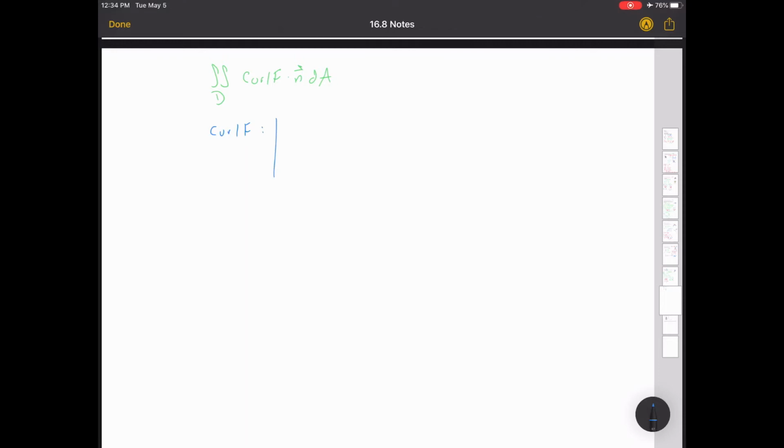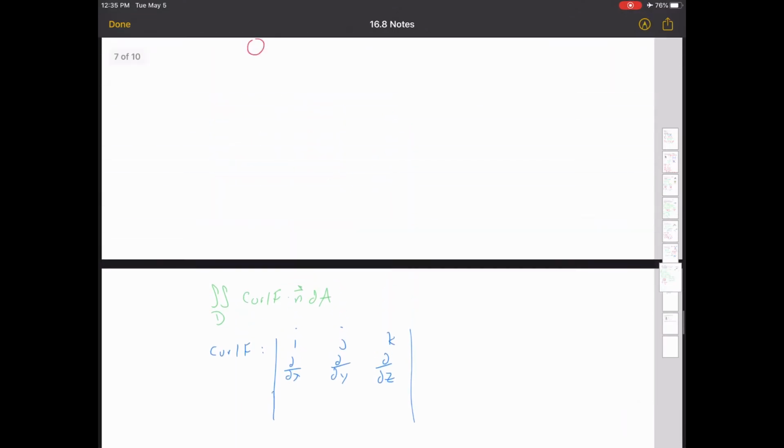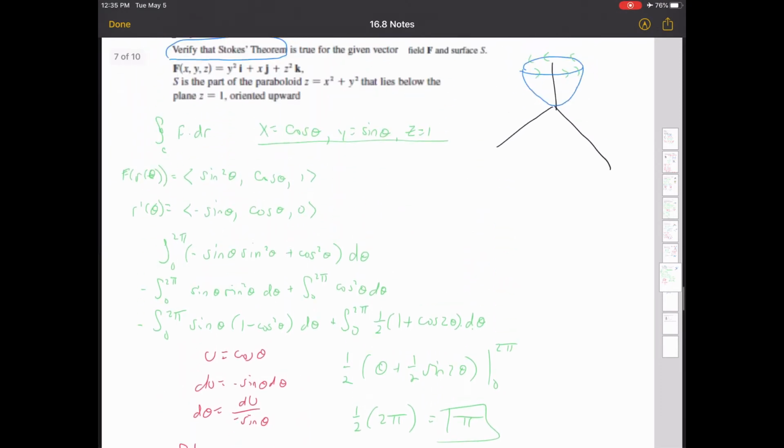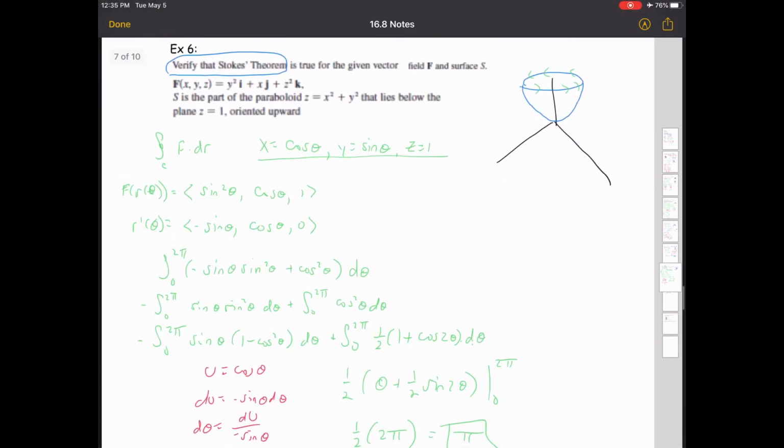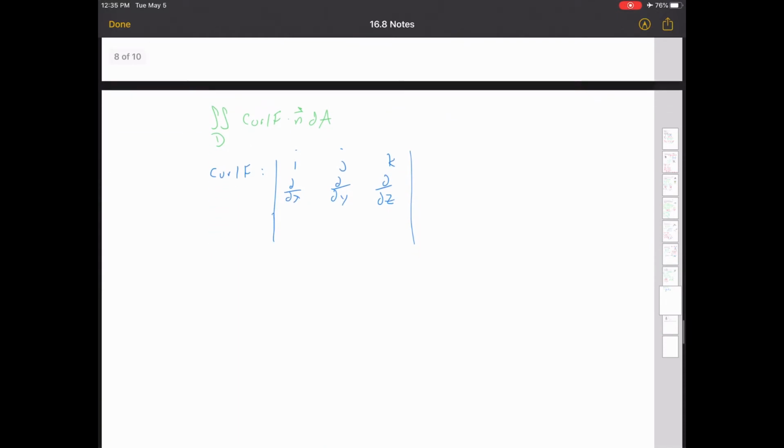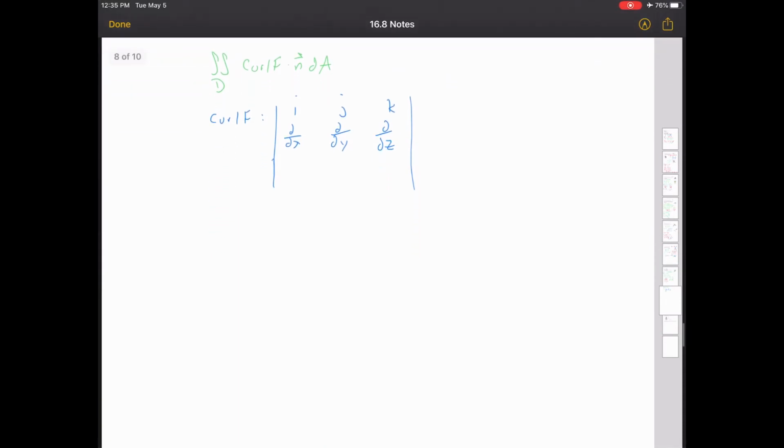Curl of F: i, j, k, d/dx, d/dy, d/dz. And let's scroll back up here to see what that was again for F. All the way back up to the top. Y squared, x, z squared. Okay. So we've got y squared, x, z squared. So let's compute the curl.